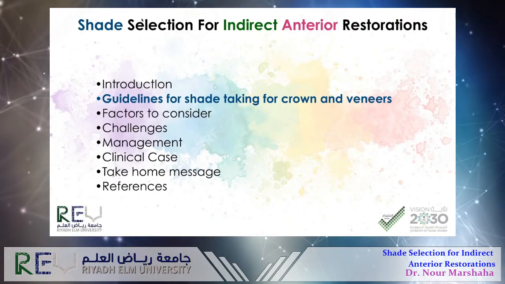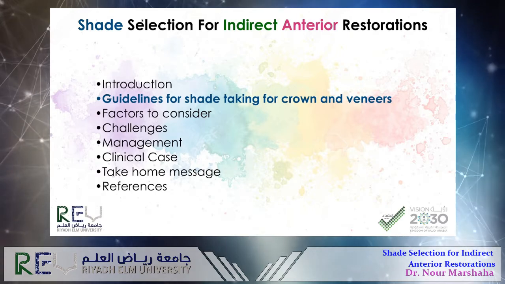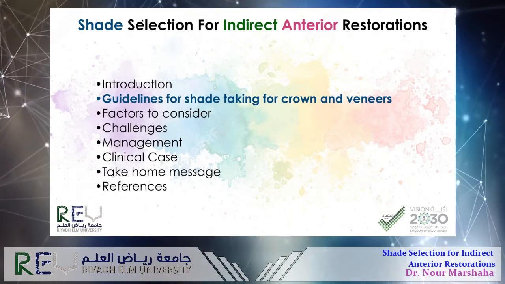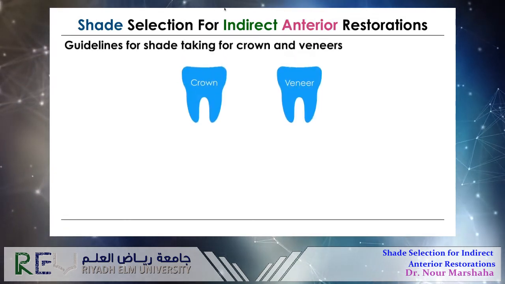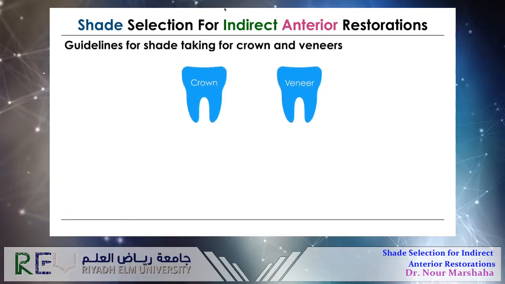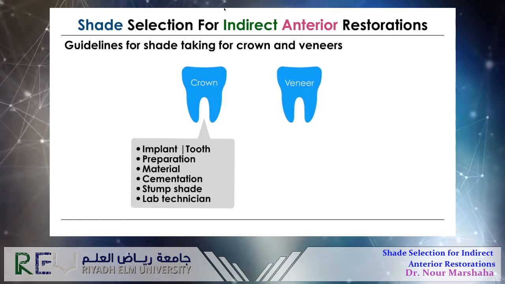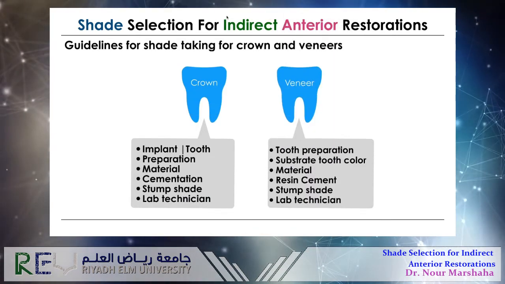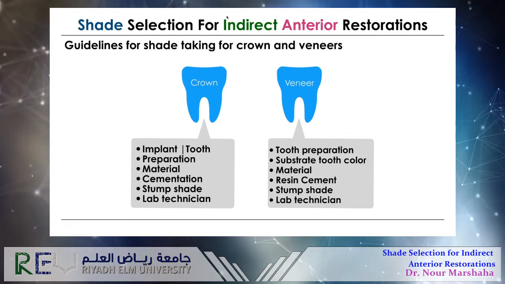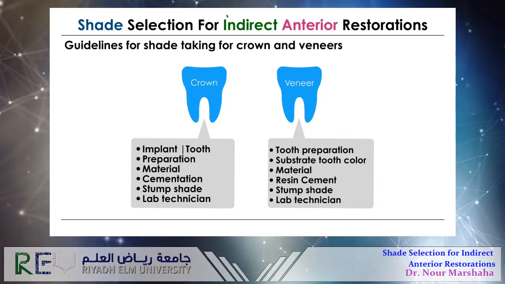Now we're going to see the guidelines for shade taking for crowns and veneers. When we have a crown adjacent to veneers, we have to know the specific points related to crowns and veneers, like whether the crown is an implant, sound tooth, or discolored tooth structure.